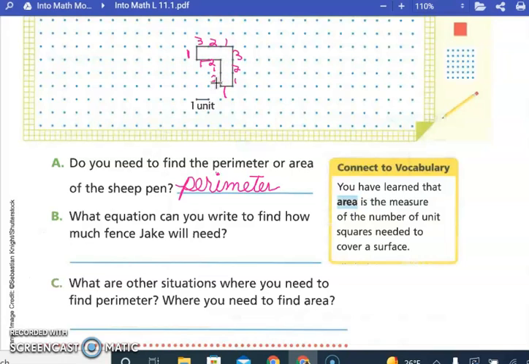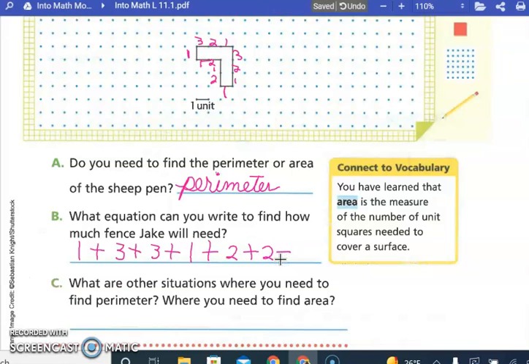Okay, so let's start with this short side right here. So we have 1 plus 1, 2, 3 plus 1, 2, 3 plus 1 plus 2 plus 2.